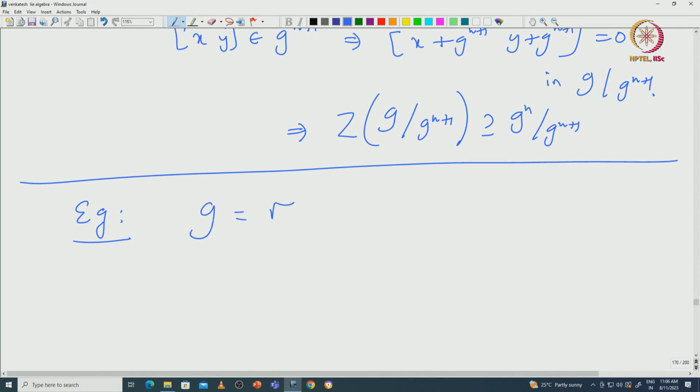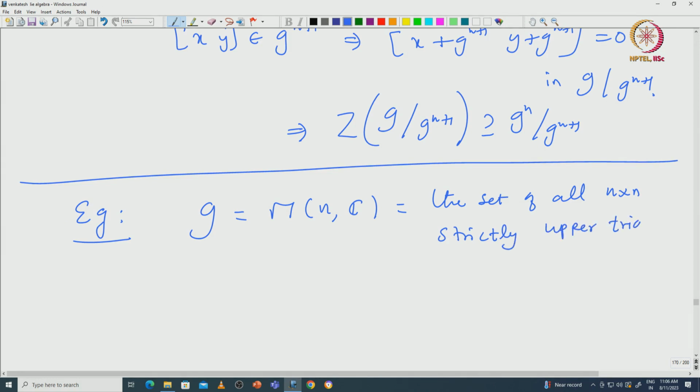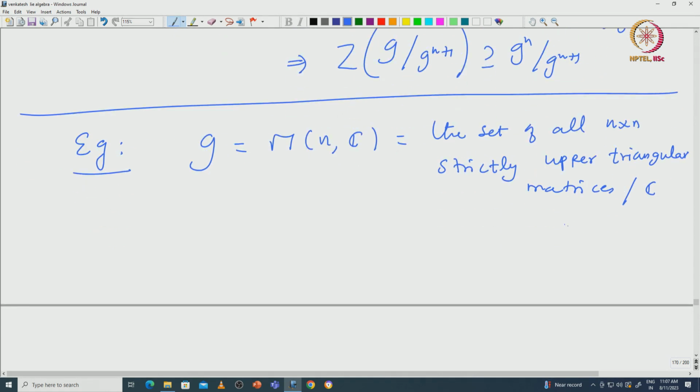You start with what is called the strictly upper triangular matrices, the set of all n by n strictly upper triangular matrices over C. We have seen that this is a subalgebra of the set of all n by n matrices, the general linear algebra gl_n(C).